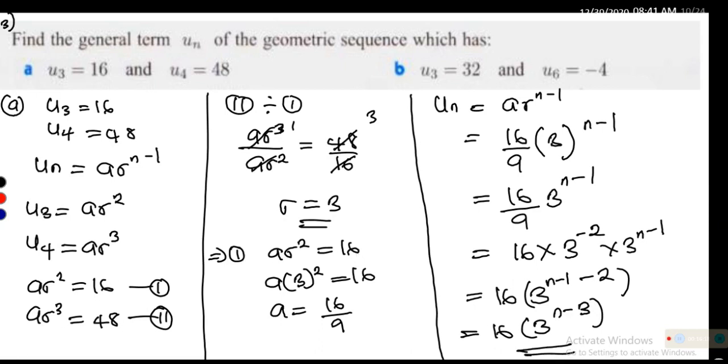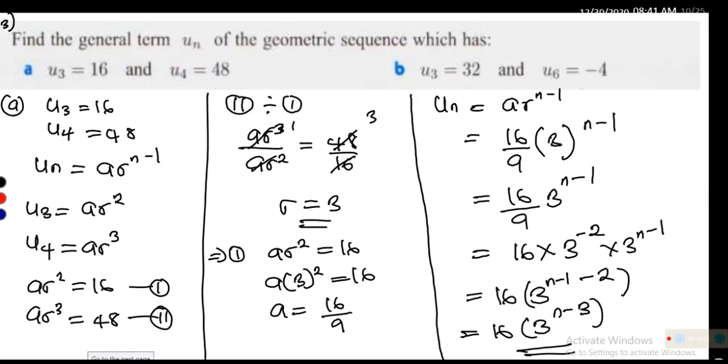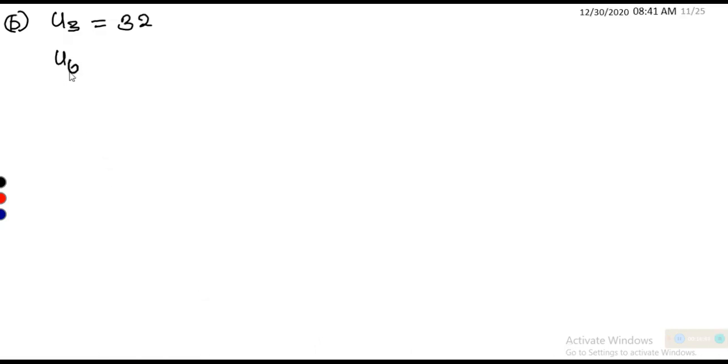For B, U3 equals 32 and U6 is minus 4. So remember the general formula, AR raised to the power n minus 1.